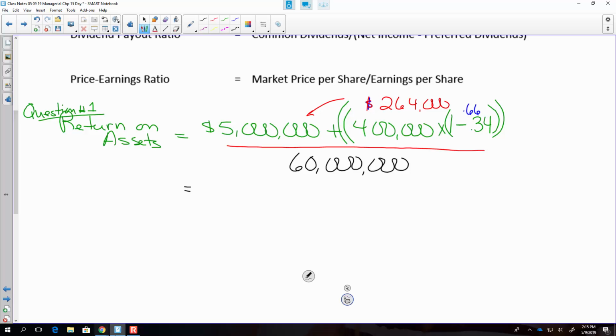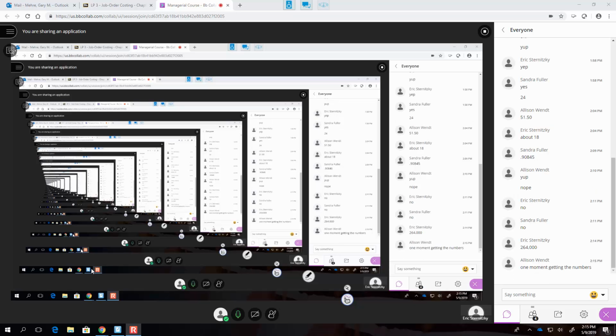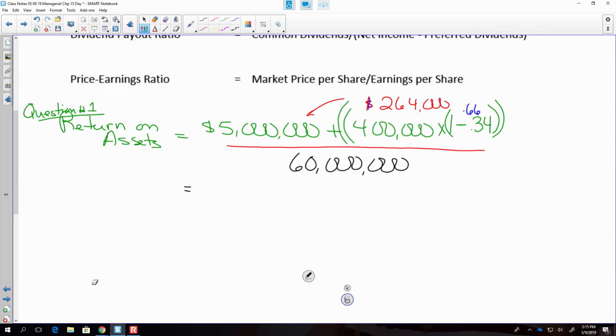Just looking at the numbers. Allison? Okay, I'll show you them again. We've got 5 million plus the 264,000. And then divide that by the 60 million asset amount.